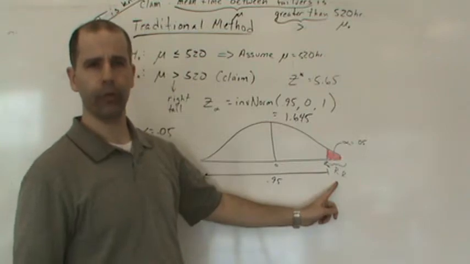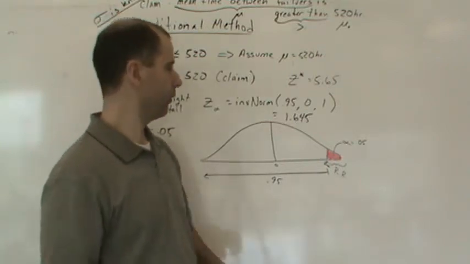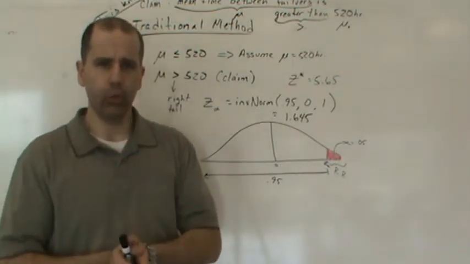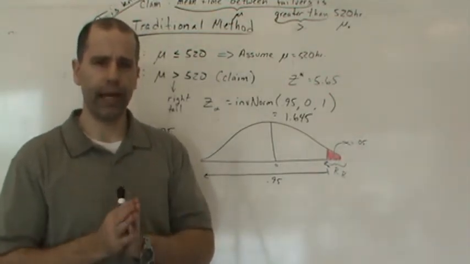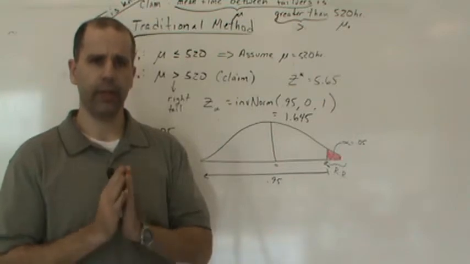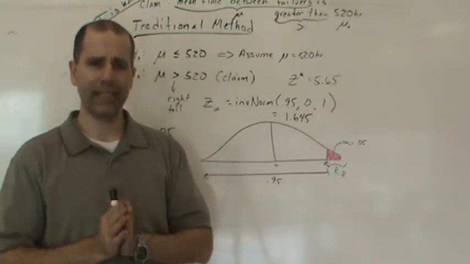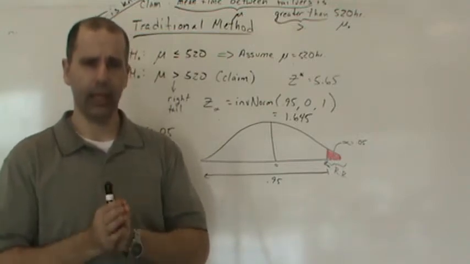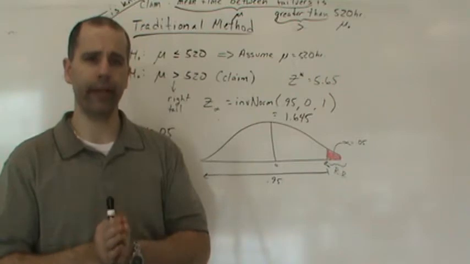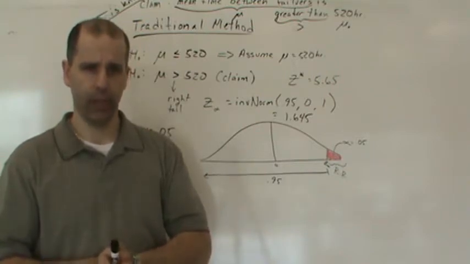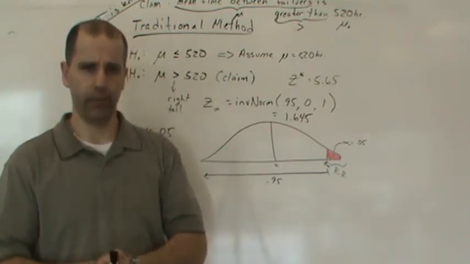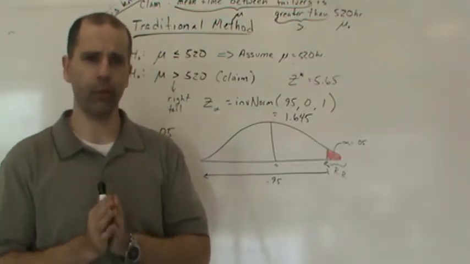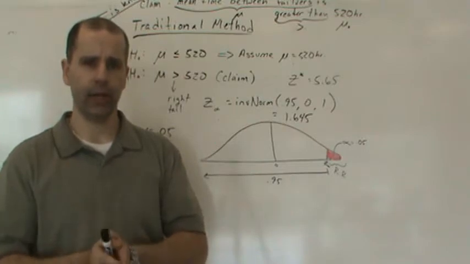Very simple. The general rule for the traditional method. So write this down. The general rule for applying the traditional method is this. If your test statistic, whatever your test statistic is, falls within the rejection region, then we reject the null.